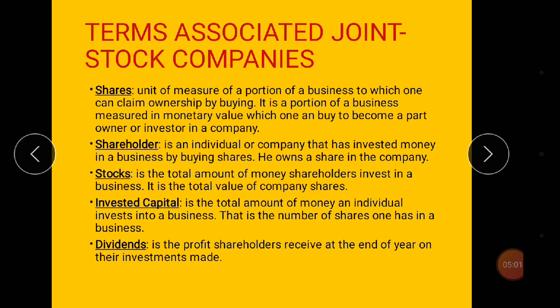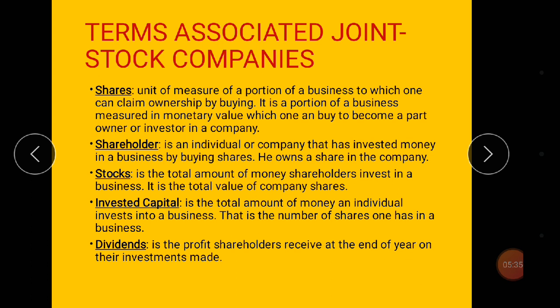Then we have stocks. Stocks is the total amount of money shareholders invest in a business. That is, it is the total value of company shares. So, if Kojo Mensa Enterprise is selling shares, or is floating shares, anybody who buys shares in Kojo Mensa Enterprise is a shareholder in that company because he owns a share in the company.